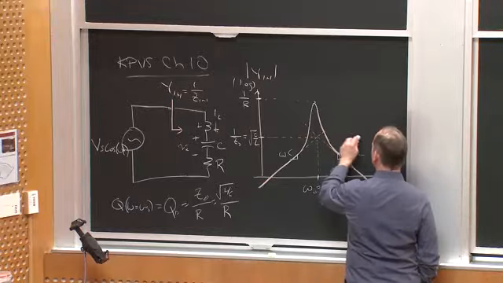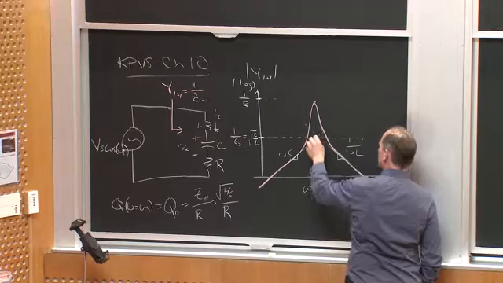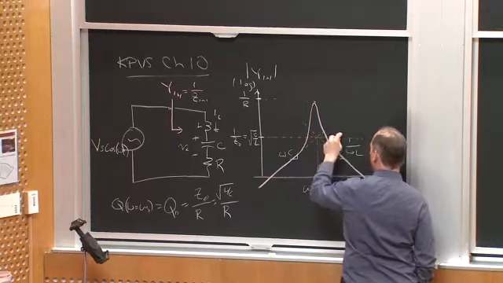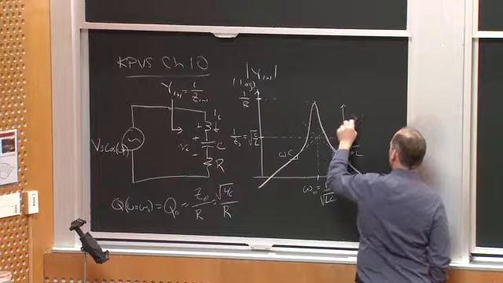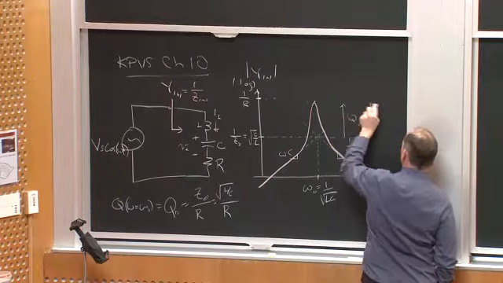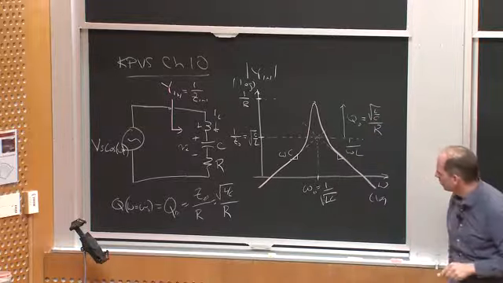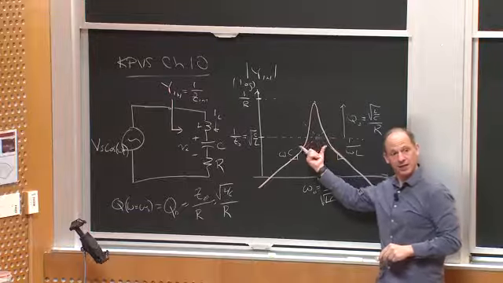And we said that was exactly the amount by which this admittance characteristic peaks up above the intersection point of the low and high frequency asymptotes. So it peaks up by an amount Q naught equal to the square root of L over C over R.